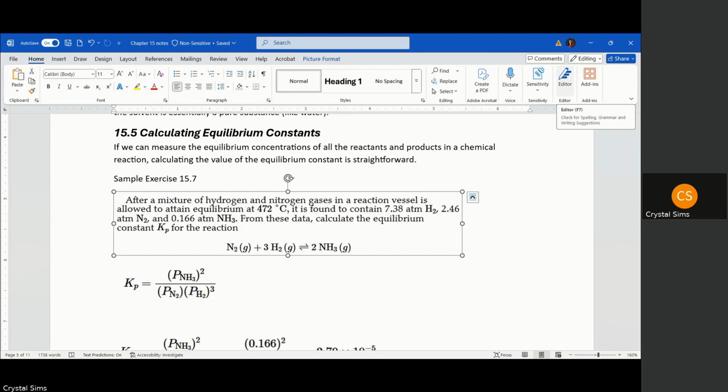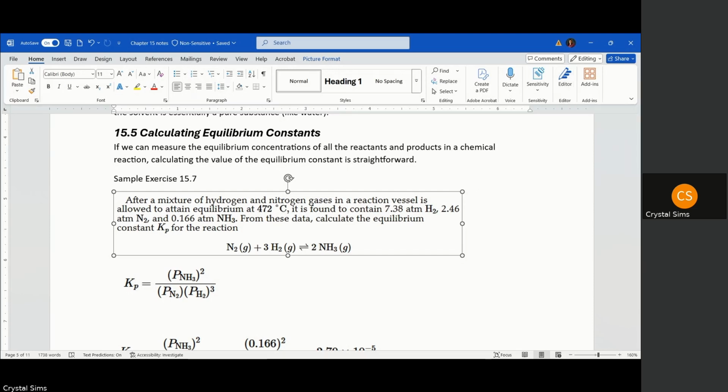And we're going to calculate the equilibrium constant Kp. It's K sub P now because we're looking at pressure. All of our pressure is in atmospheres. Remember, that is one of the components here: if you are asked to calculate the K sub P, all of your partial pressures have to be given in atmospheres. If they're not, then you've got to convert them to atmospheres first.